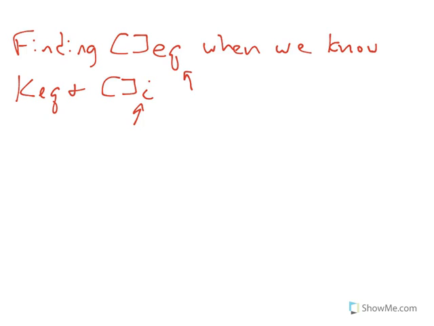That's going to require something called an ICE table. Let's look at an example and use our ICE table. It's easier to just work through something, and we'll see it firsthand before we try to define what the heck an ICE table is.